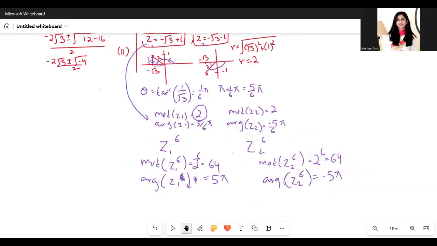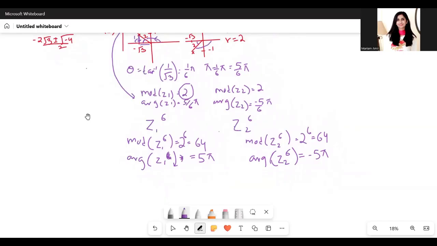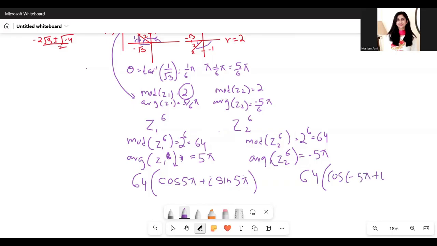Do we need to adjust it? I believe not, we can just write it as a complex number. In polar form this would be 64 cos 5 pi plus iota sine 5 pi, and this will become 64 cos minus 5 pi plus iota sine minus 5 pi.